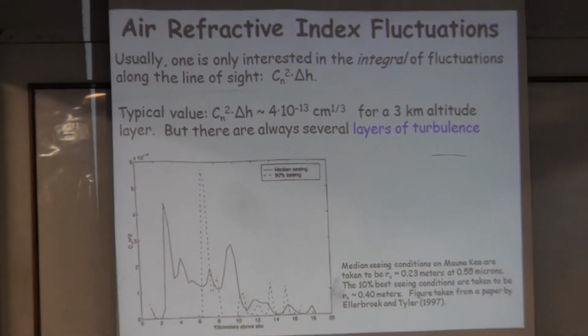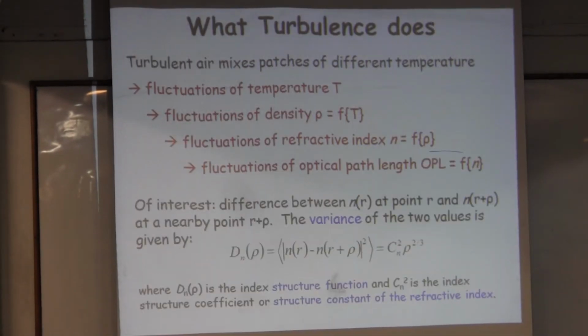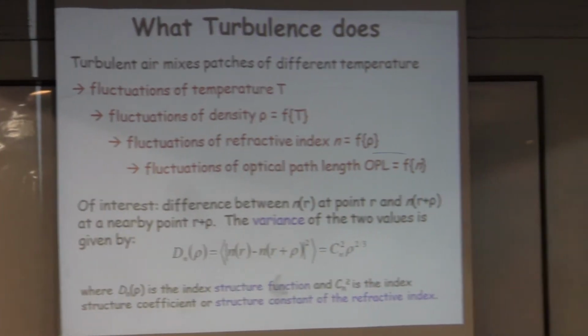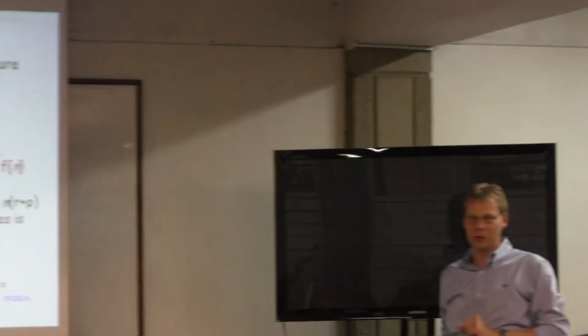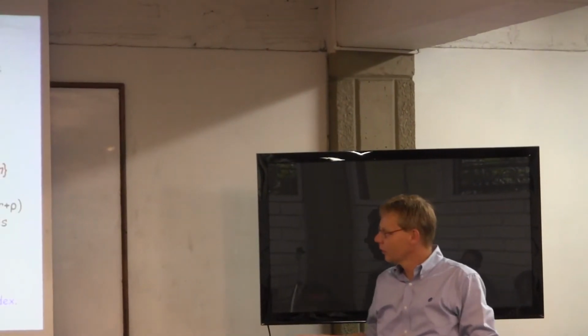And so again, you can imagine that if this one is large, that's a relatively large value, that means the variance is large. That means that between two points separated by rho, their refractive index differs quite significantly. And if it differs quite significantly, it means it has a very bad effect on your image quality. Right?